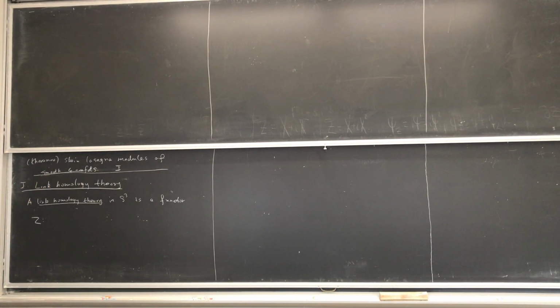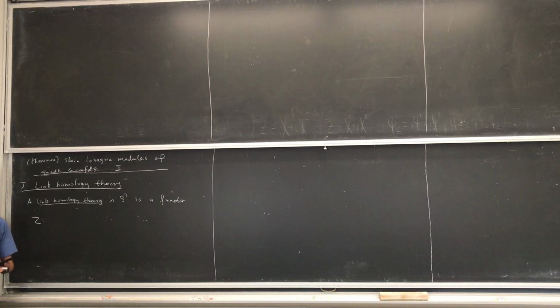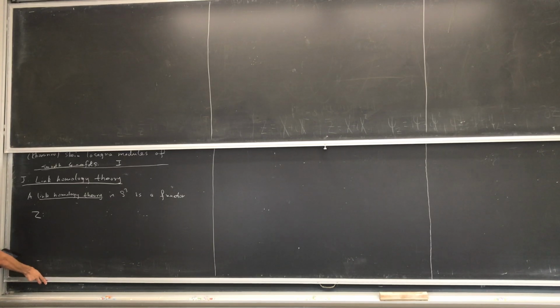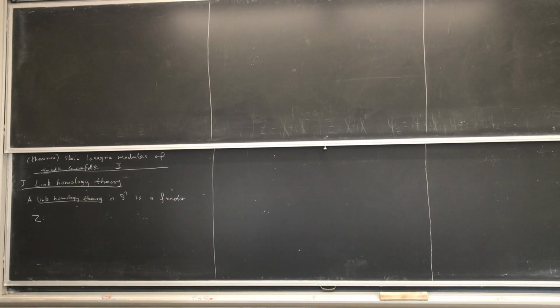So to three-manifolds, you will get categories. Okay, great. But how to start, our input will be a link homology theory.